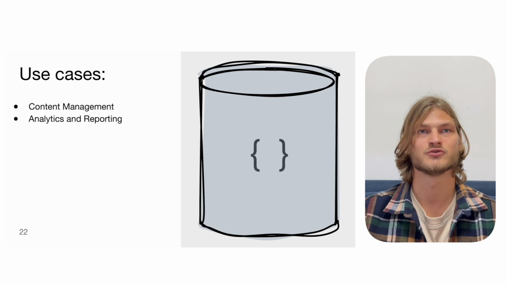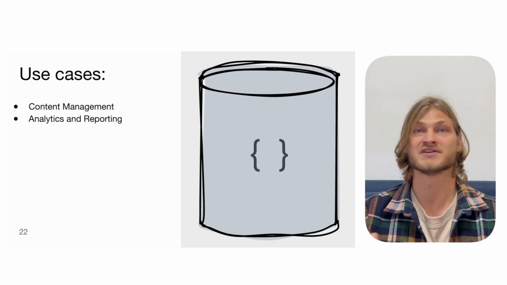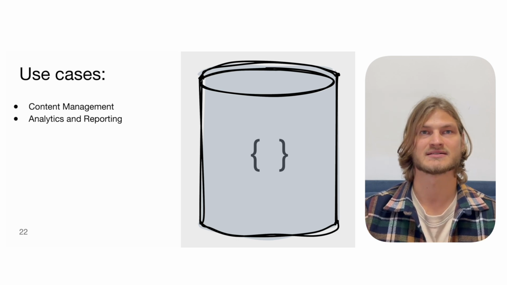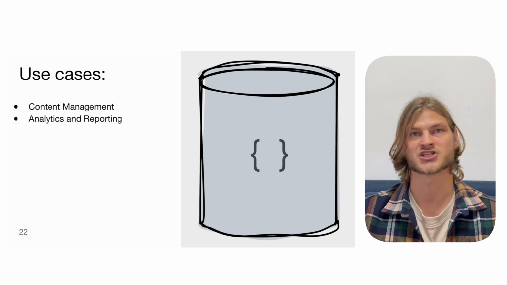Also, it's widely used in analytics and reporting. So you can store diverse data and generated data. Let's say you can store a pre-generated report for your user in such databases.